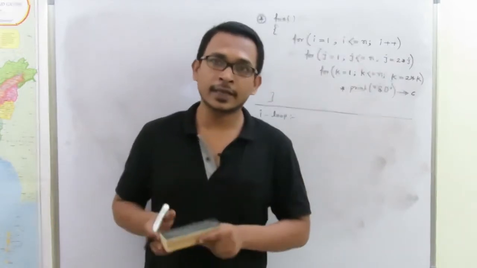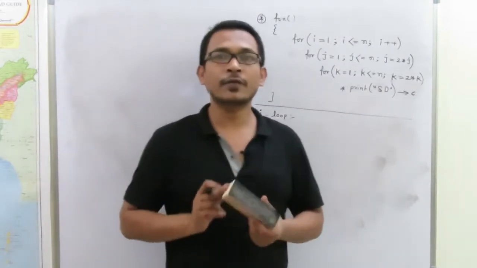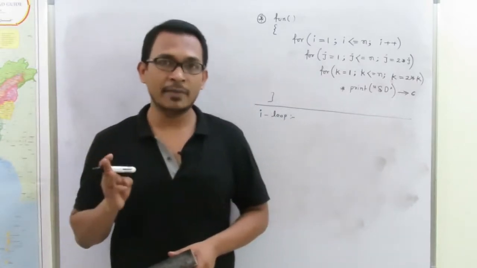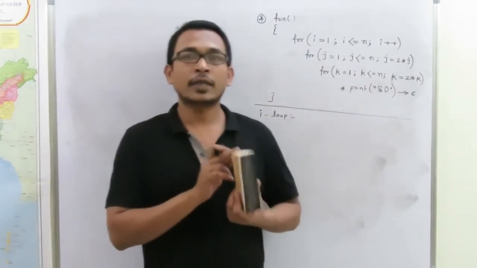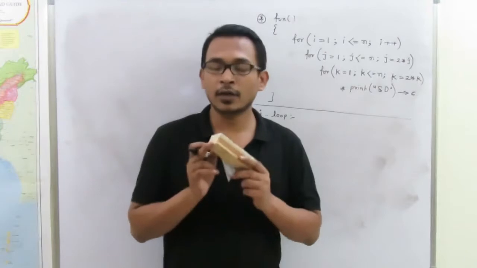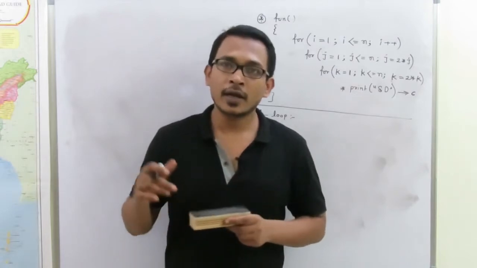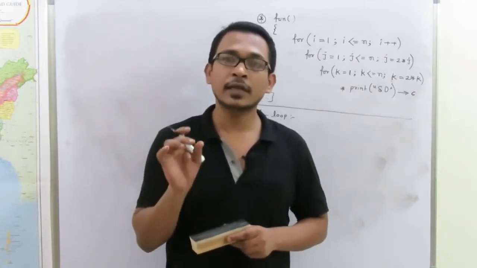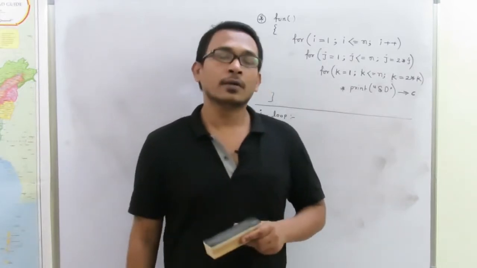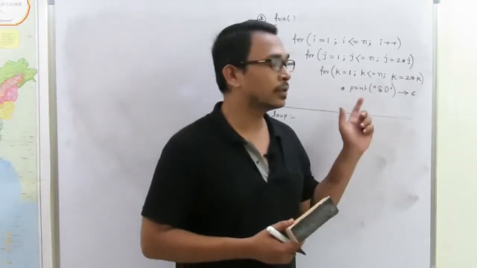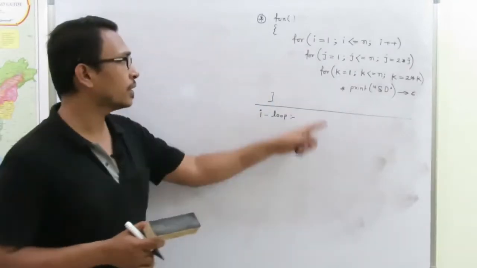Based on these three things, that is, from where the iteration starts, where the loop ends, and the increment or decrement of the counter variable, we can check how long the loop will execute. So let's do it for each of these three loops.